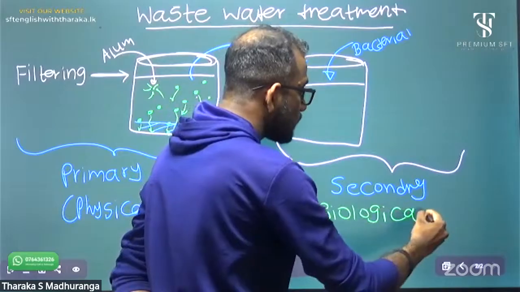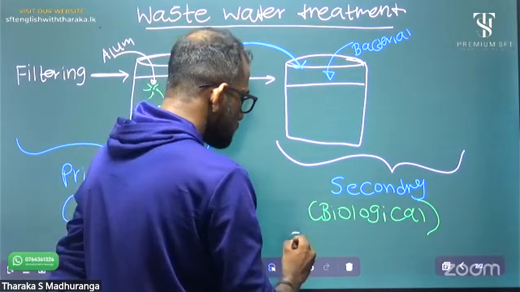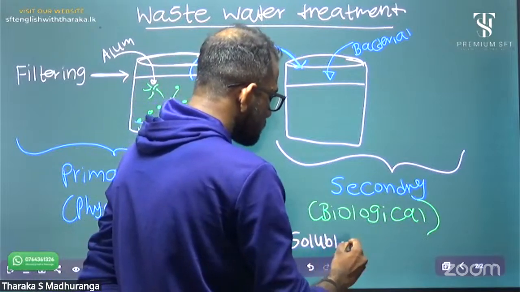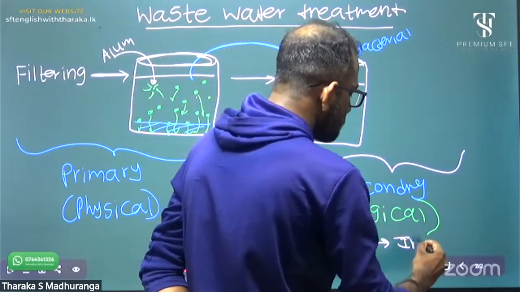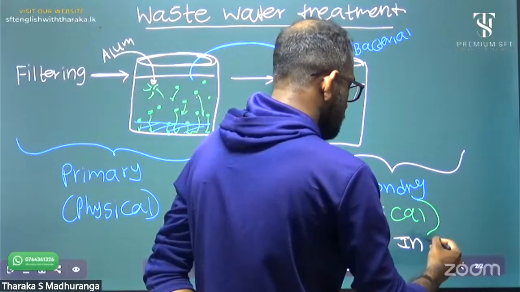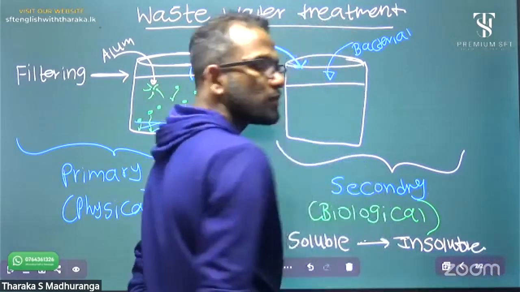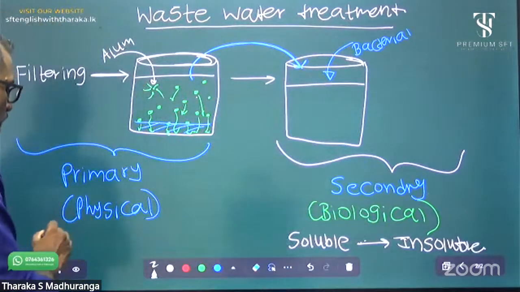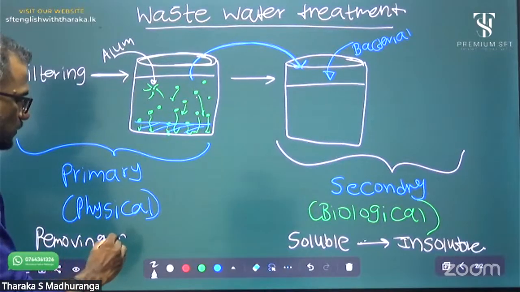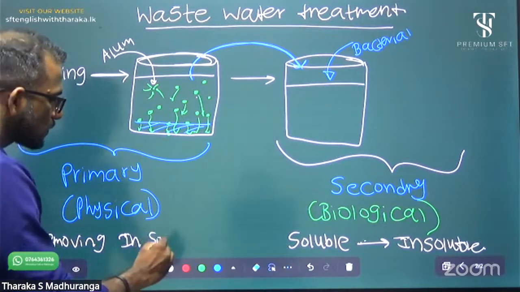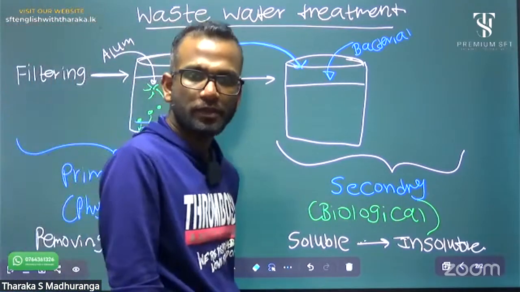Why are microorganisms used? Soluble organic compounds are converted into insoluble compounds using this microbial digestion. In the primary treatment, we only remove insoluble compounds.